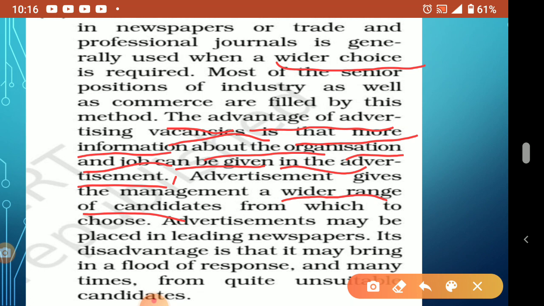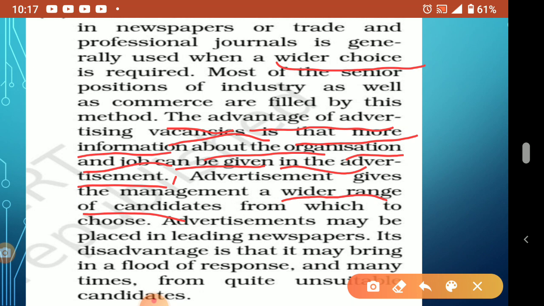Its disadvantage is that it may bring in a flood of responses, many times from quite unsuitable candidates. The problem here is, suppose you may have 100 job vacancies, but when you give an advertisement in a newspaper it goes to a wider range of people in society, and you may get 10,000 or 1 lakh applications. Screening or categorizing those applications, verification of them itself is a very hectic job.